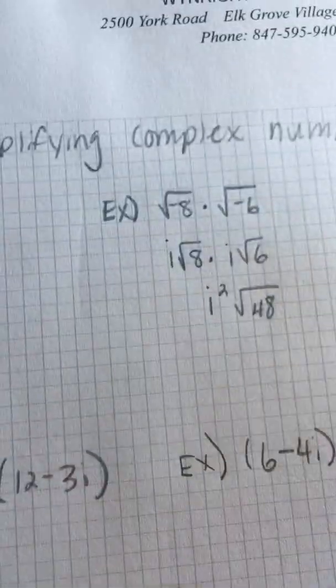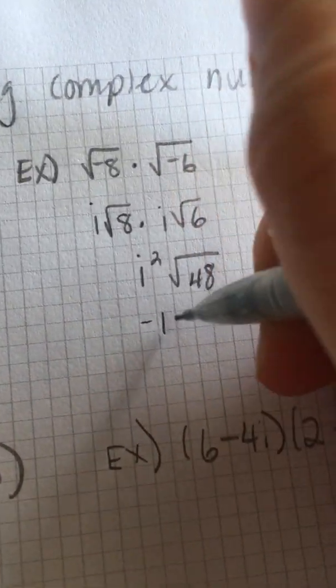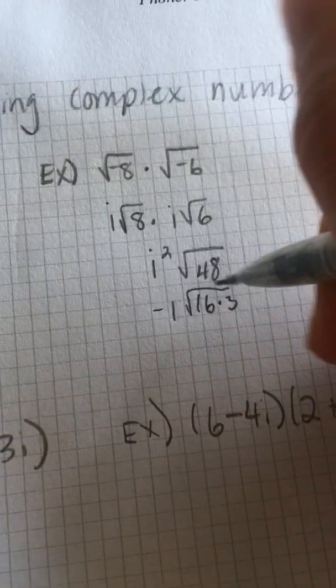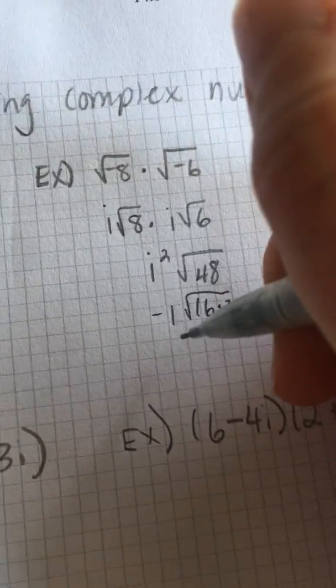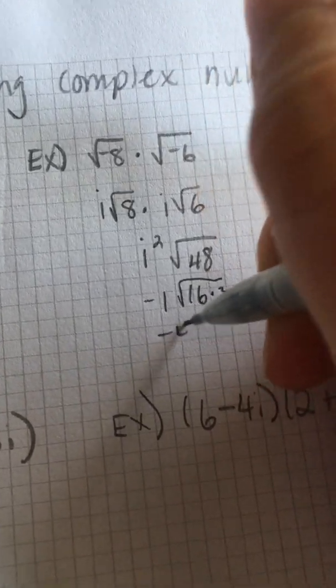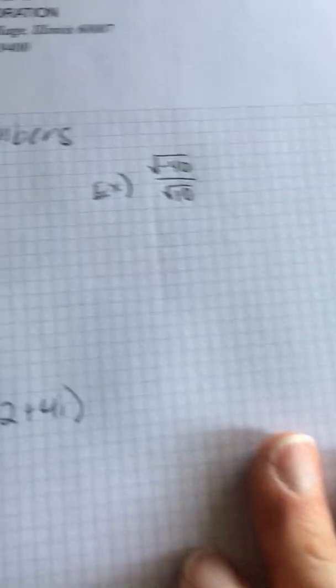So I'm going to replace i squared, since I know i squared is -1. And then I'm going to write 16 times 3. 16 is perfect, it comes out. 3 is not, it stays in. When 16 comes out, I multiply it with that -1. Done with the second example.